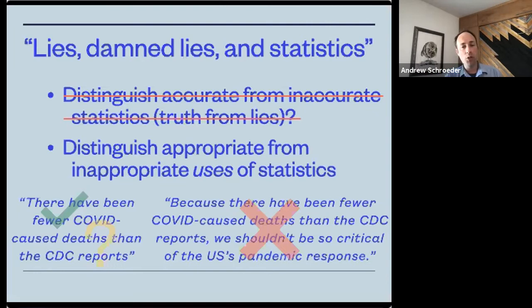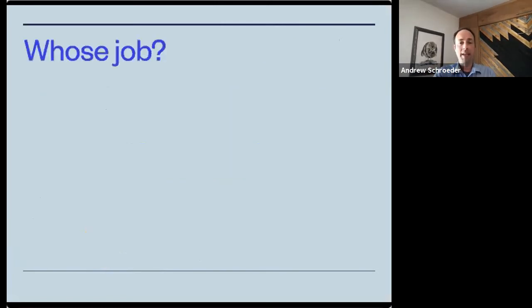Instead, what we have to do is we have to have someone who can determine which statistics or which versions of a statistic are more or less appropriate for particular goals or purposes. And that, unfortunately, is a much more complicated, nuanced assessment to make than just, is this right or is this wrong? So whose job is it to make that assessment?